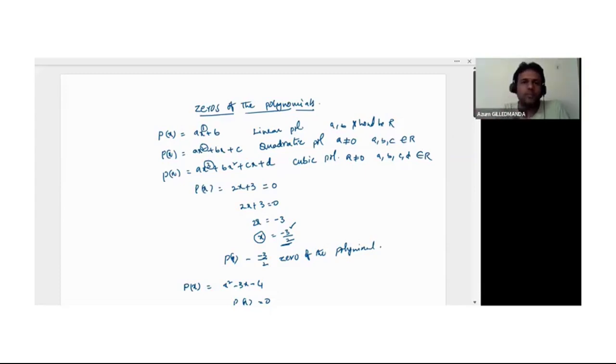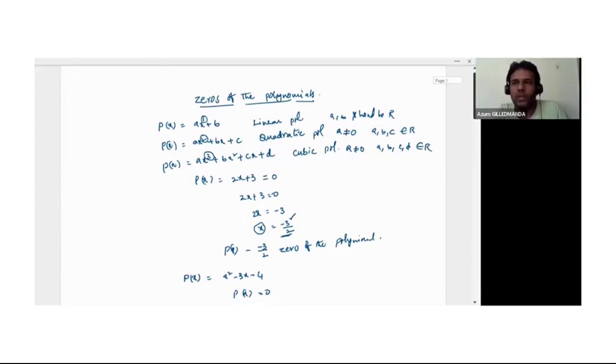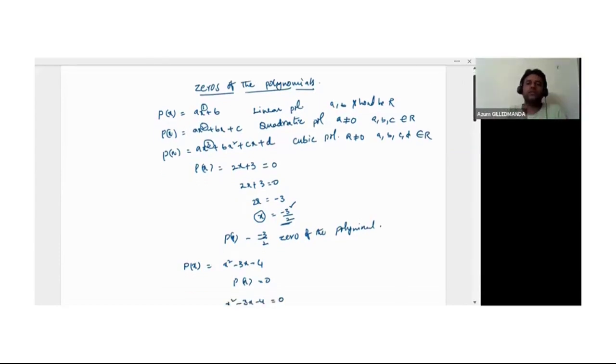So we looked at the different polynomials and what is the zero of a polynomial. Zero of a polynomial is such a value that if you substitute that value into the polynomial, the polynomial value becomes 0. For example, if k is a value where if you substitute k in place of x, p of k becomes 0, then k is a zero of the polynomial.